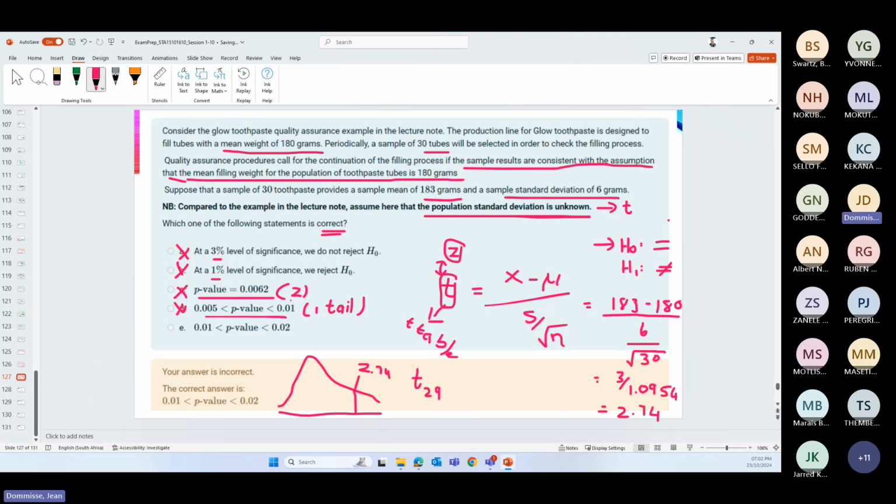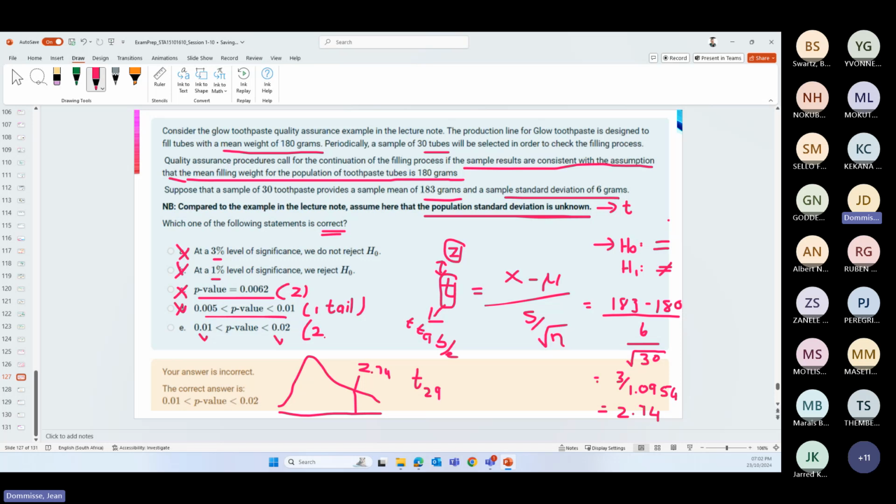So we need to multiply all of these with 2. So 0.05 times 2 gives you 0.1, 0.01 times 2 gives you 0.02.